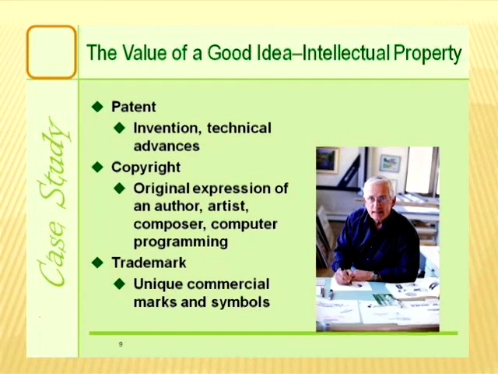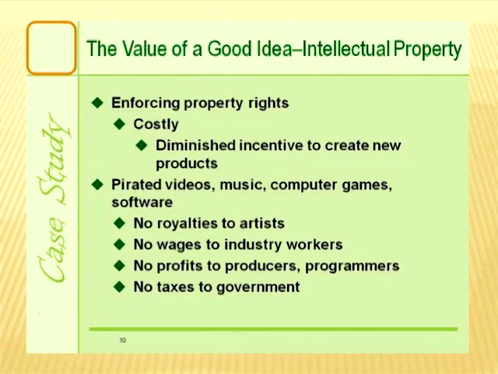A copyright is the same thing, only it's for an artistic expression, such as something done by an author, an artist, a composer, or even the computer program we mentioned before. And a trademark is some sort of a unique symbol or mark.